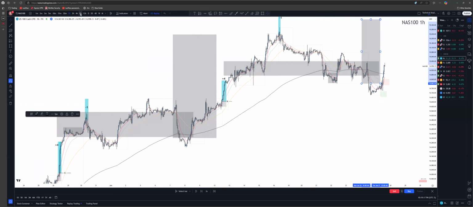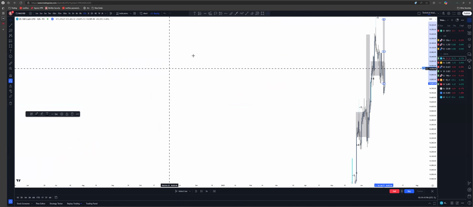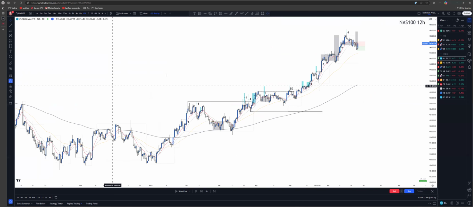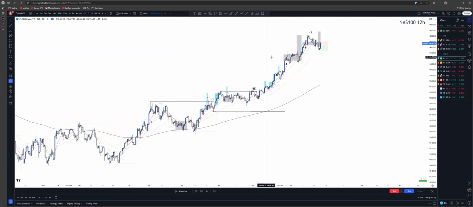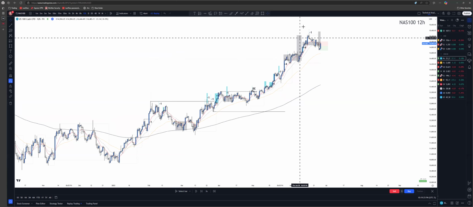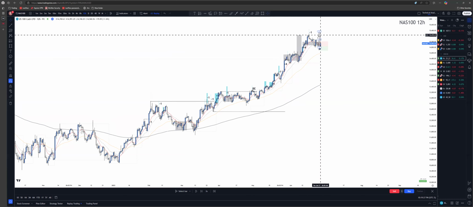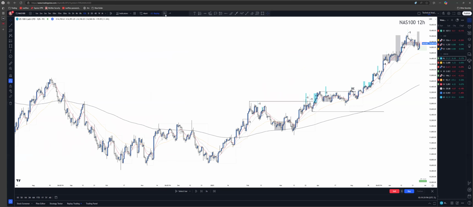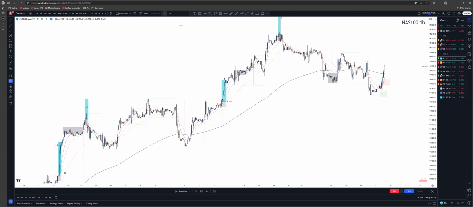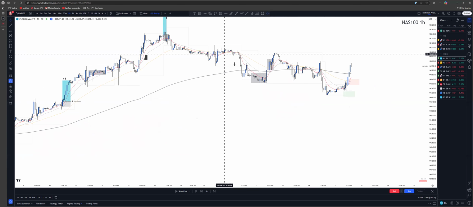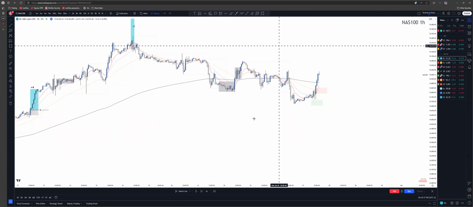And you can go to the higher time frame and verify that, right? That's all that's happening, right? We have a stage one into stage two, so that's stage one into a hopeful stage two. So that's all that's really happening. And we can still focus on the lower time frame while all that is going on.